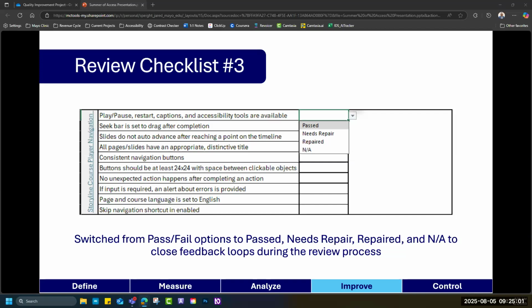So as he went back and repaired an item in the course, he would leave a note in that white space to the right of it, tracking what repair was made. So it also gave us an opportunity to learn back and forth between each other and have that historically documented.